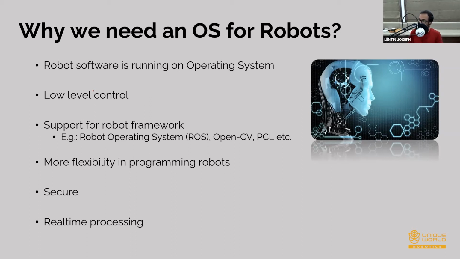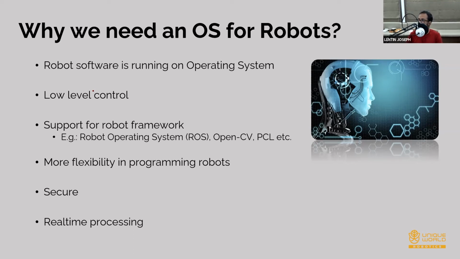The word meta operating system means it is having some features of an operating system. If you know the features of an operating system, like message passing, then multi-threading, there are a lot of features in an operating system, right? Like that, ROS is having some features of a real operating system. So that's why it's also called a meta operating system.